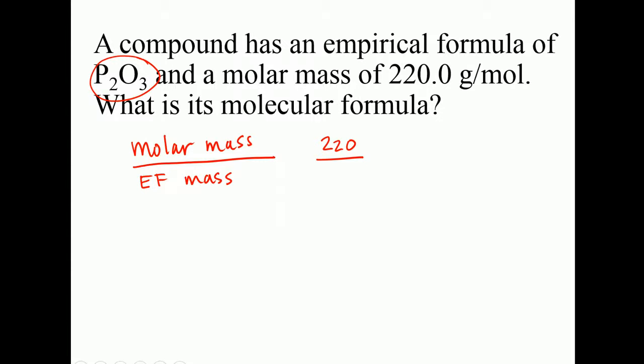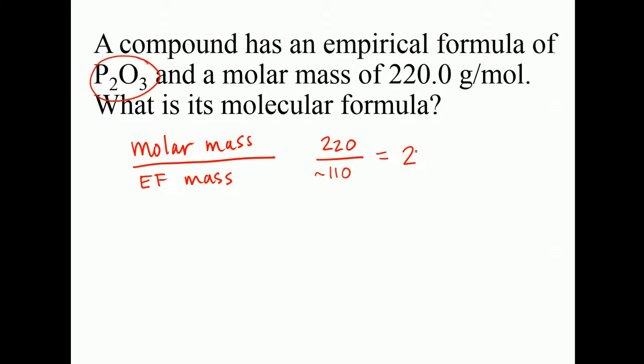And then we need to add 3 oxygens to that, 15.9994 there. And I'm getting on my calculator like 109.9 something, approximately 110. And if you think about those two numbers, you probably shouldn't need a calculator here for this last step, because 220 over 110 will give us a nice whole number of 2.